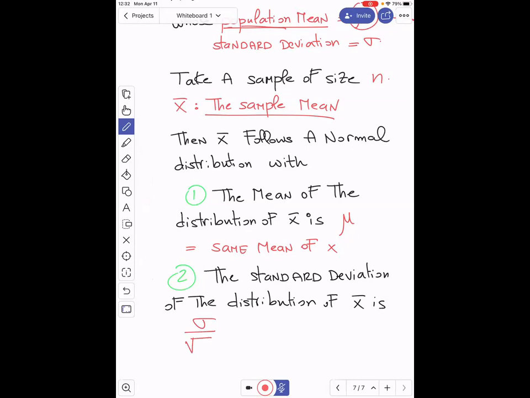So it's actually sigma over square root of n. So for the distribution of X bar, the mean is the same as the mean of X, but the standard deviation is sigma over square root of n.